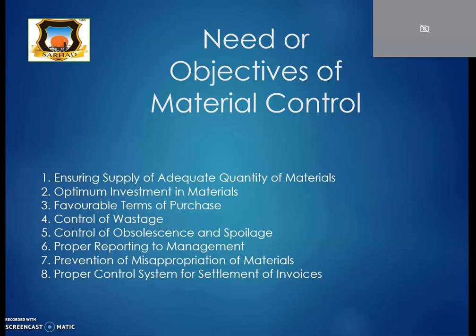It prevents overstocking and understocking of material, which means optimum investment in material. Quick identification and supply of material to the production department is possible with the help of material control.